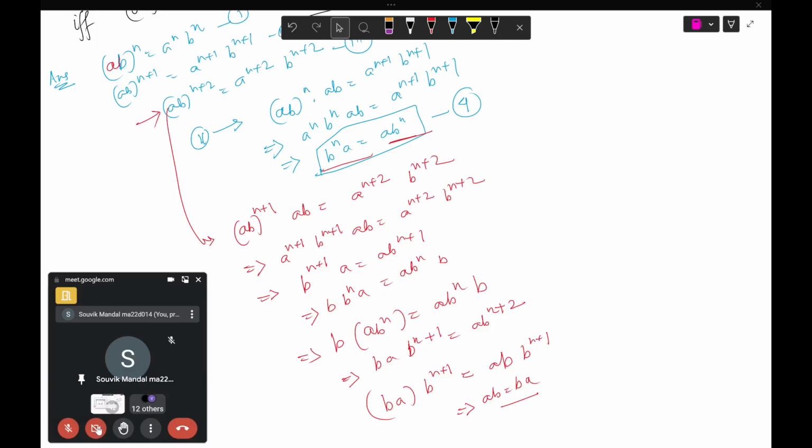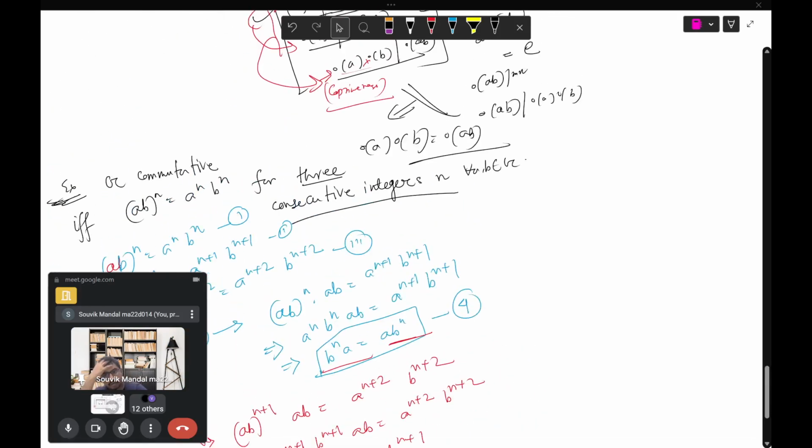The existence of such n, we have to show that three consecutive numbers have to be there. So, do we need to show that there exist such integers? No, it is given that G is commutative if and only if these three hold.